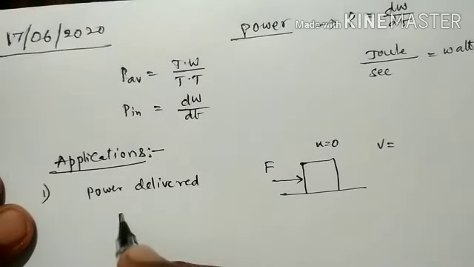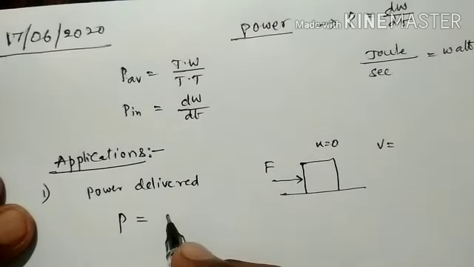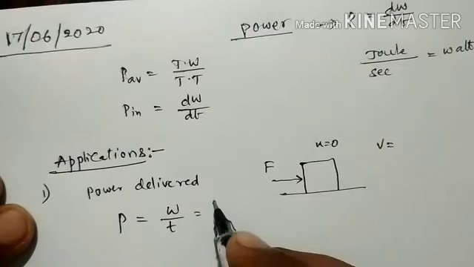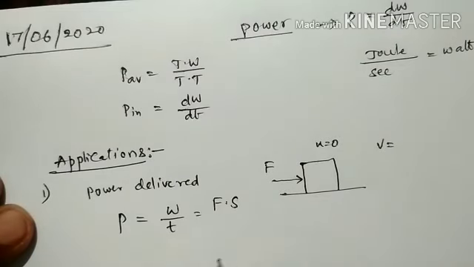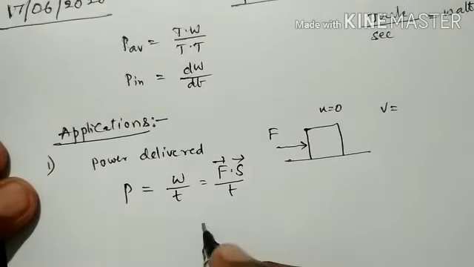Power P is equal to the rate of doing work. So what is the rate of doing work? W by t. What is W? Work done is nothing but force into displacement, divided by time t. So you can write it as F bar dot S bar, in vector notation, by t.